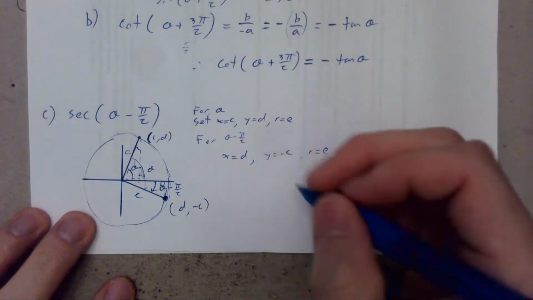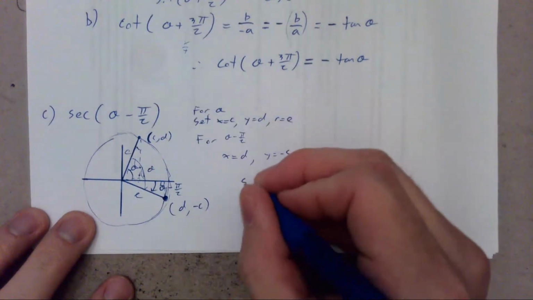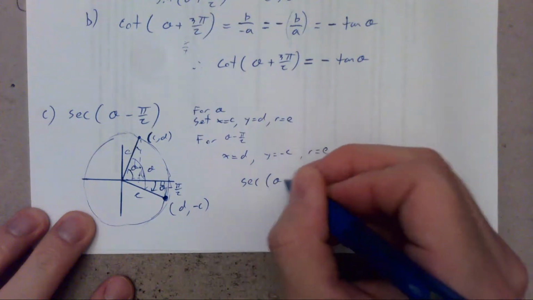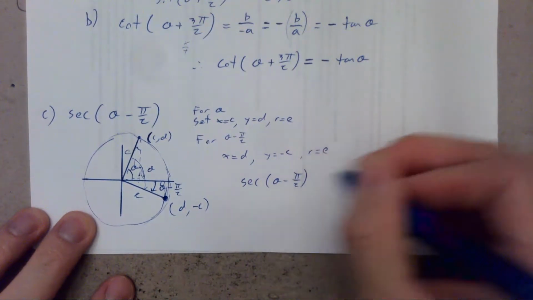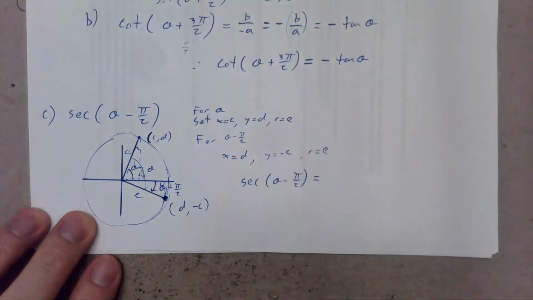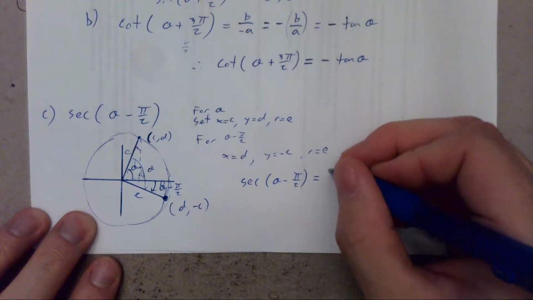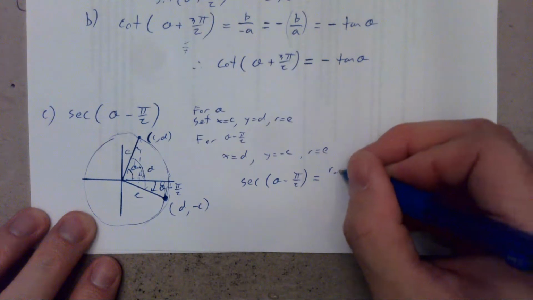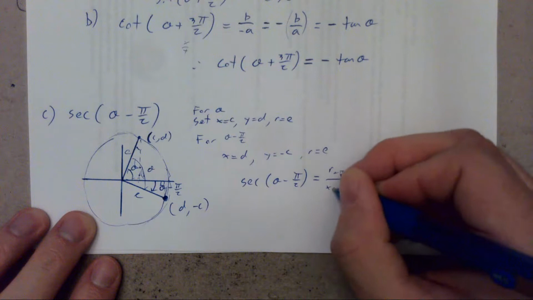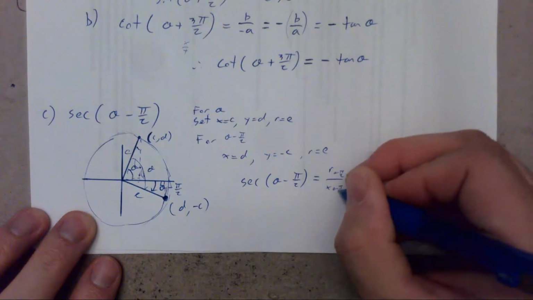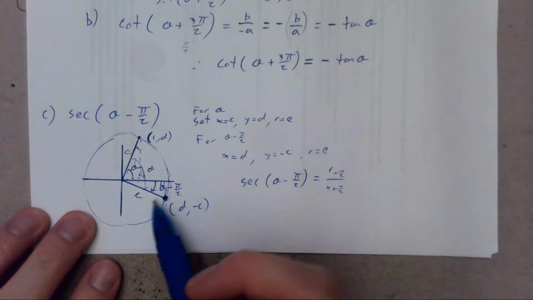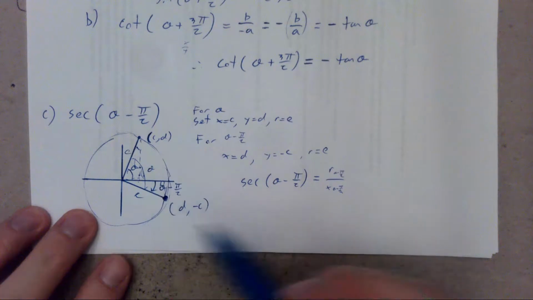Okay. Now we go to our definition, the secant of theta minus pi by 2. Secant is the reciprocal of cosine. This is going to be the r from theta minus pi by 2 divided by the x from theta minus pi by 2. Using XYR definitions is great. You just want to make sure that you're on the correct angle right here.